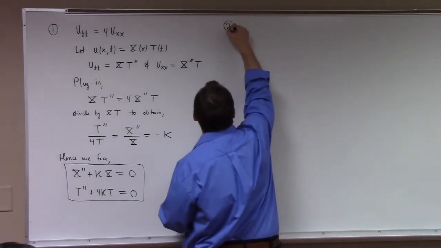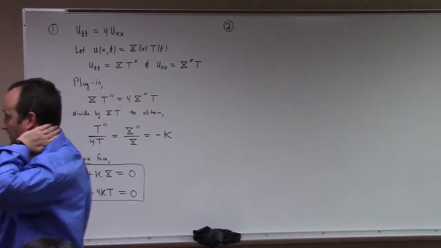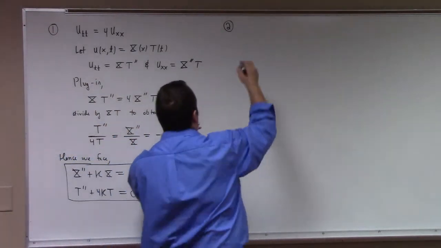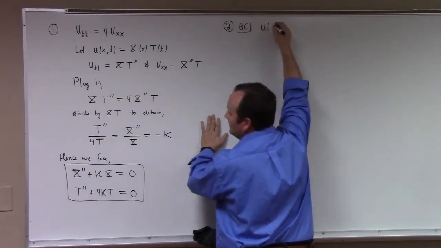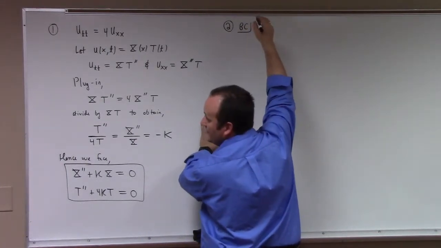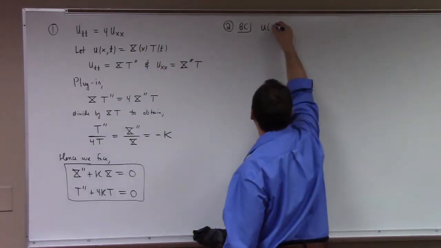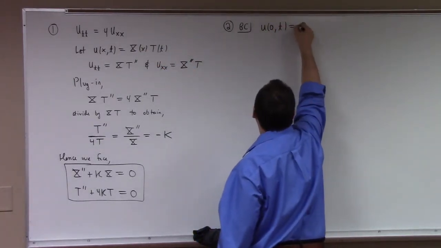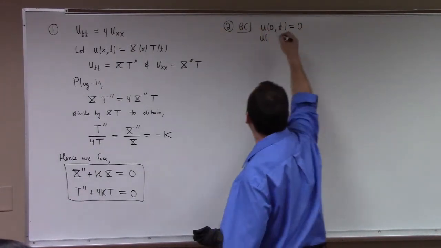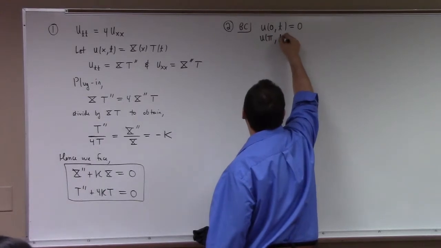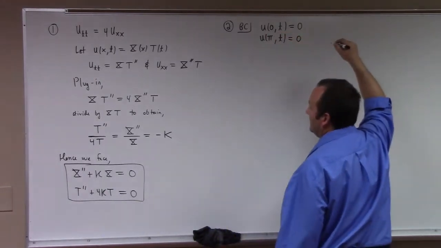Step 2. Now we're going to use the boundary conditions. These are fixed endpoint boundary conditions: u(0,t) = 0 and u(pi,t) = 0. What does that say?